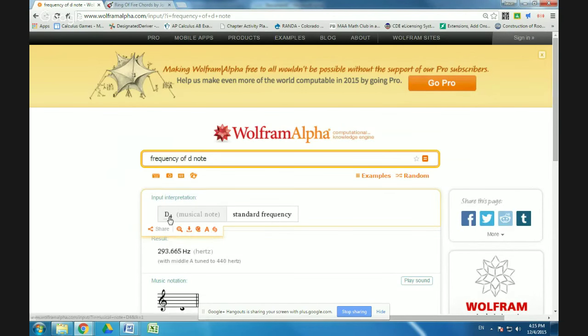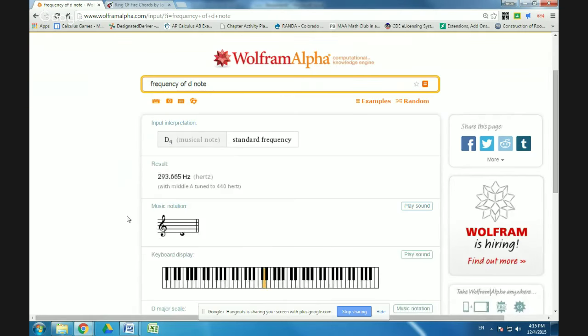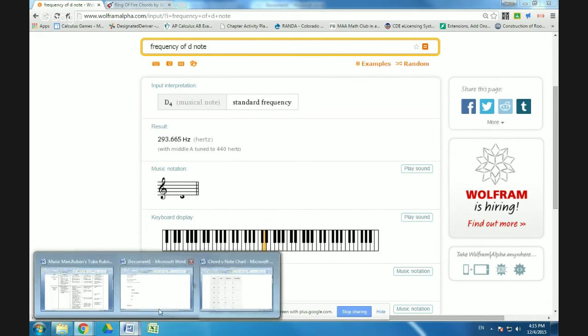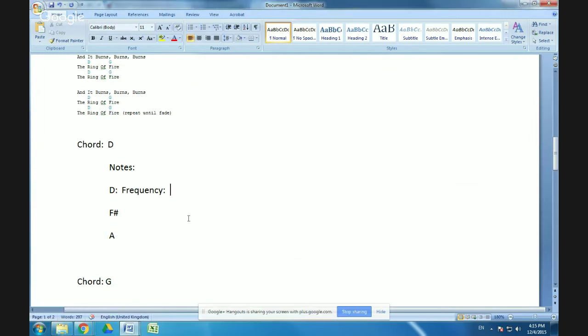The 4 means that it's in the 4th octave, which is the middle of the piano, basically. What you're looking for is 293.665. Make sure you put the units on there, and remember, hertz is cycles per second.